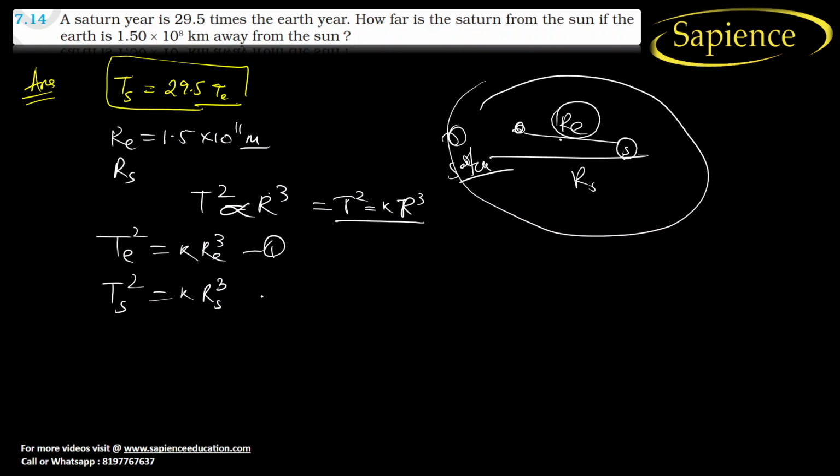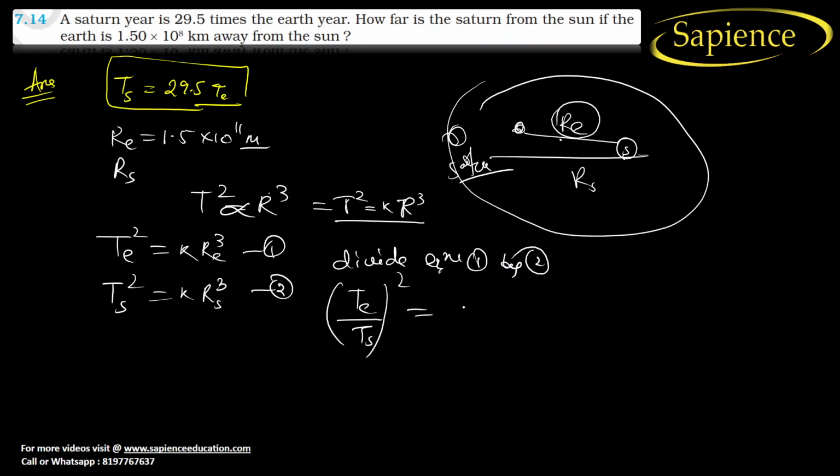Now if we divide equation 1 by 2, we will get TE by TS whole square is equal to RE by RS whole cube.